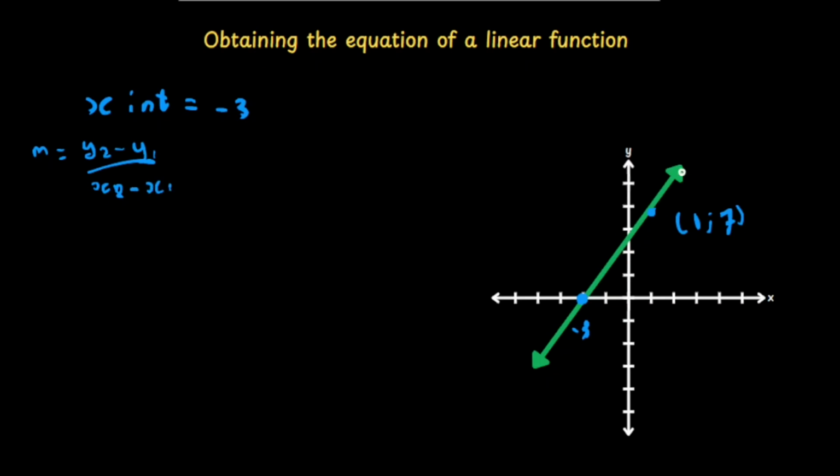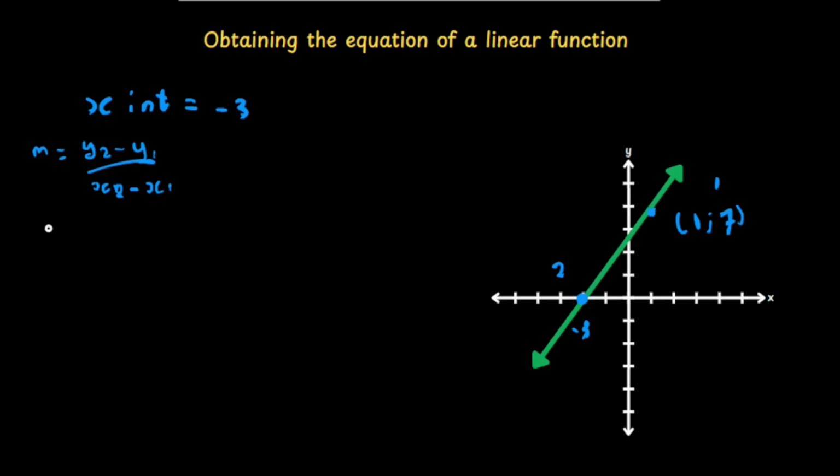Right, in this case, I'm going to call this point over here, the point further towards the right, point 1, and I'm going to call the point towards the left, point 2, right? And now we're just going to substitute in the corresponding values, right?